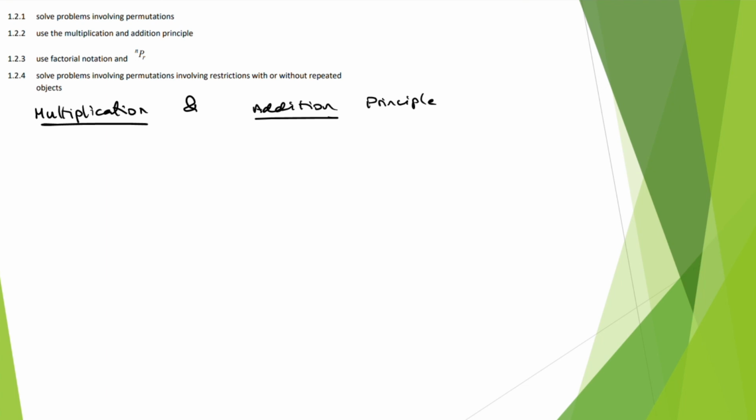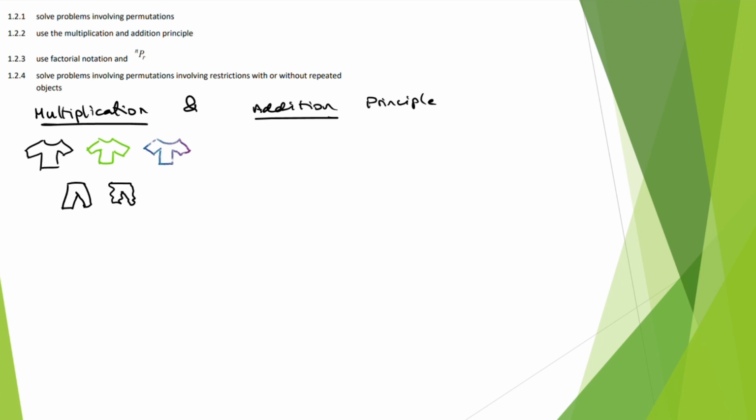To give an example, let's say you have 3 different shirts. So this is your first shirt, you've got your second shirt, and then you've got your third shirt here. Okay, let's say you have these shirts, and then you have 2 sets of pants. So there's your first set of pants, and then your second set of pants, like this.